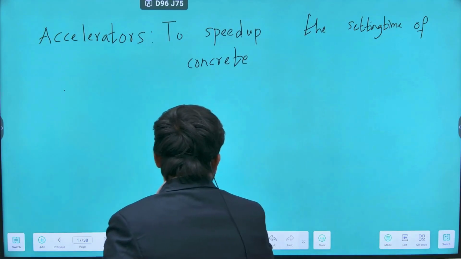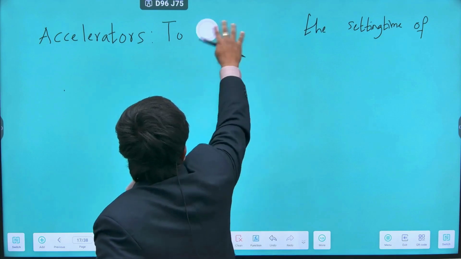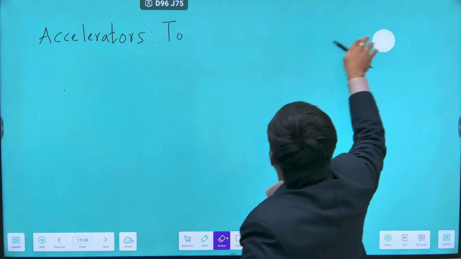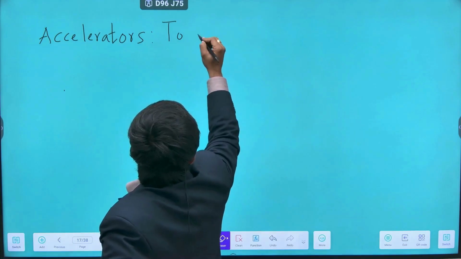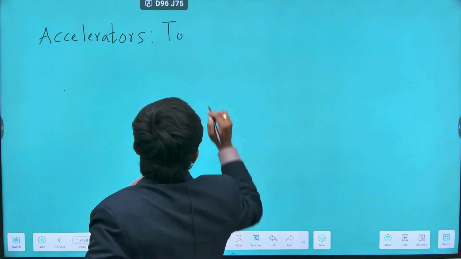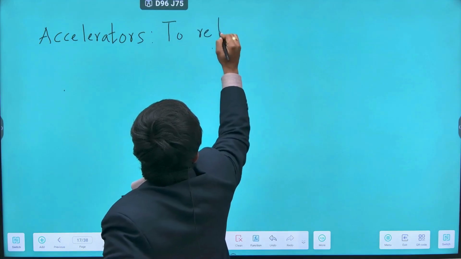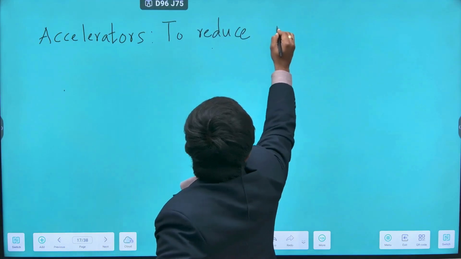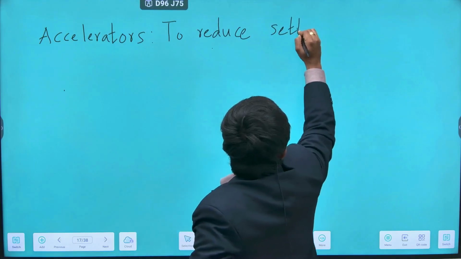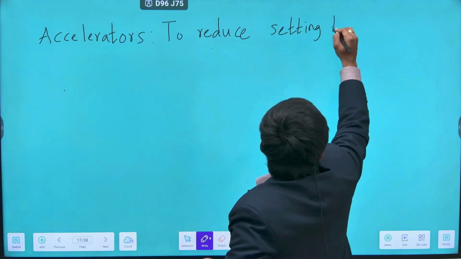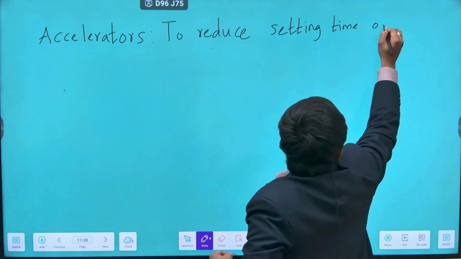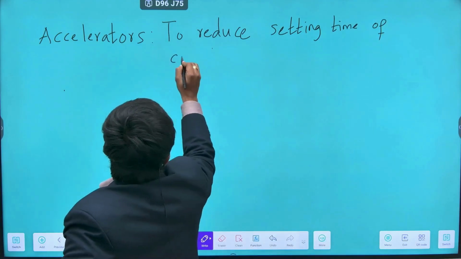Setting time process of concrete. So there I am going to use the accelerator. Here we can say to reduce setting time of concrete.